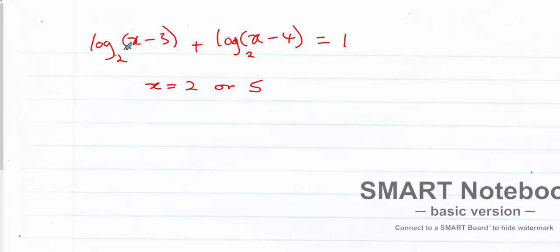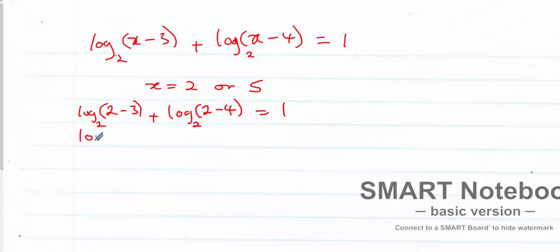Now, log 2 minus 3, when x is equal to 2, base 2, plus log 2 minus 4 base 2, equal to 1.